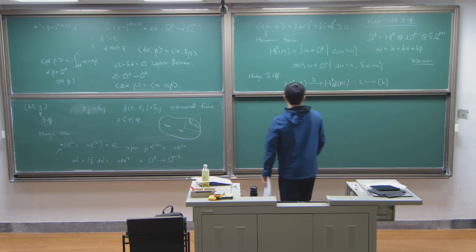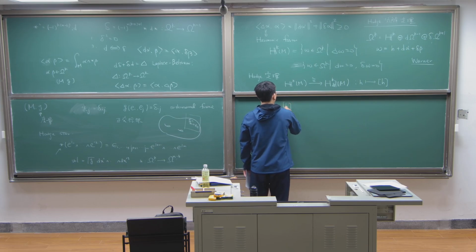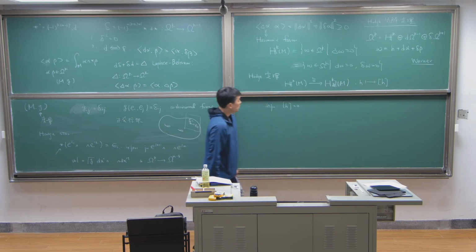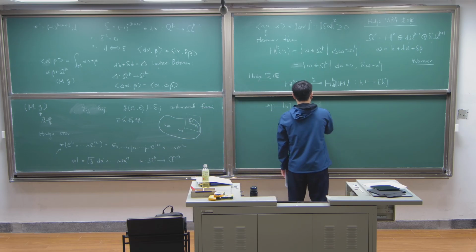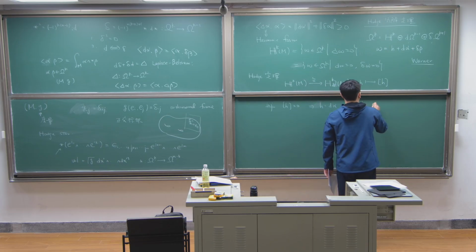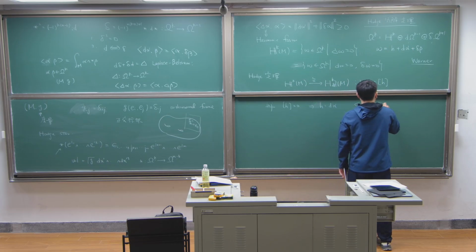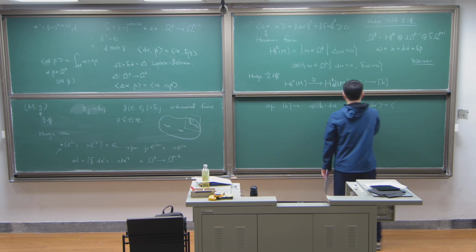So the proof is very easy. It's easy to derive the injectiveness. So if you assume the class of H is equal to 0, which means that H is equal to d alpha. And if you use (H, d alpha), this is equal to (delta H, alpha), so this is H squared.